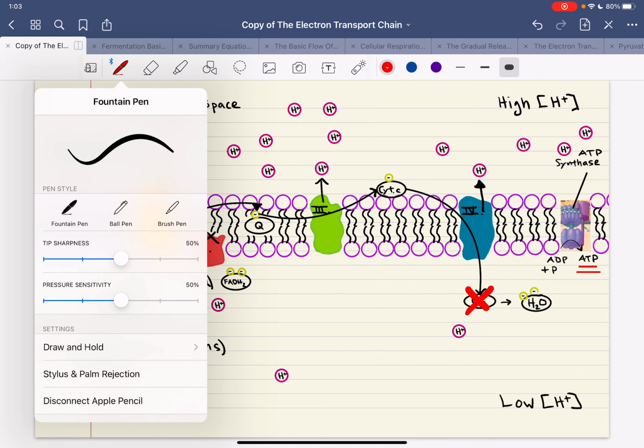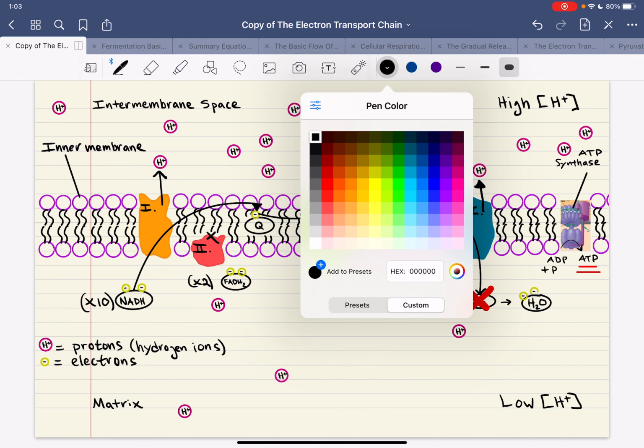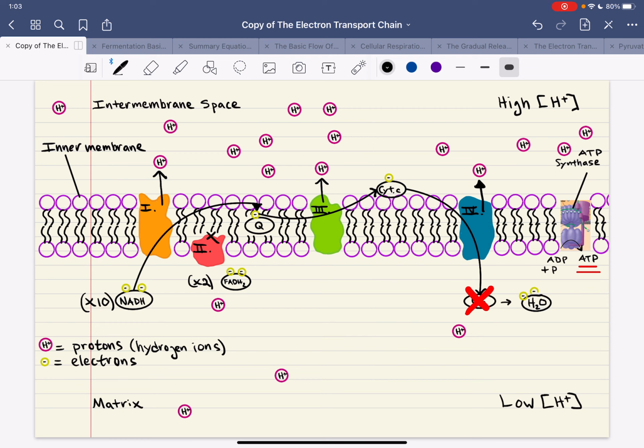And the effect that it has is that the ETC is a series of electron transfers, and oxygen is the final acceptor of electrons. If there's no oxygen around, every preceding carrier of electrons is stuck holding a pair of electrons with no one to give them to.